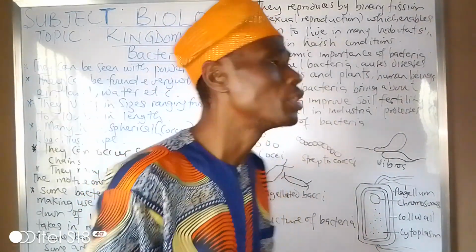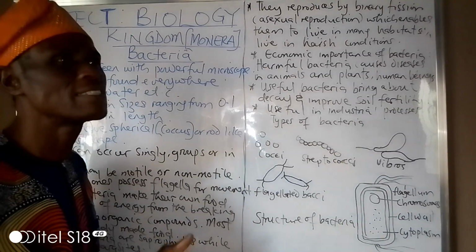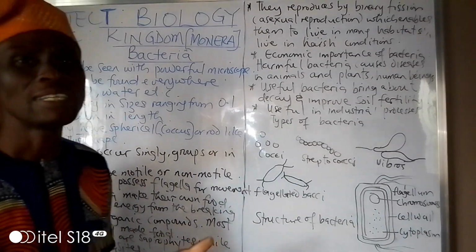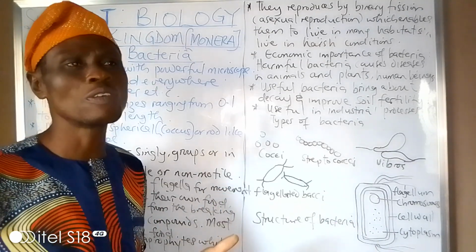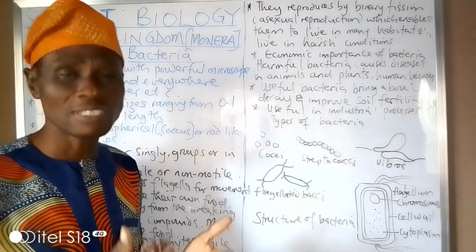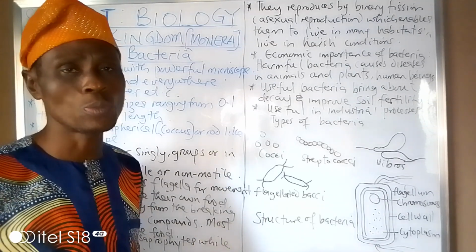When we say bacteria, they are very tiny, small organisms that cannot easily be seen with the naked eye. Most of them can be observed with a very powerful microscope.